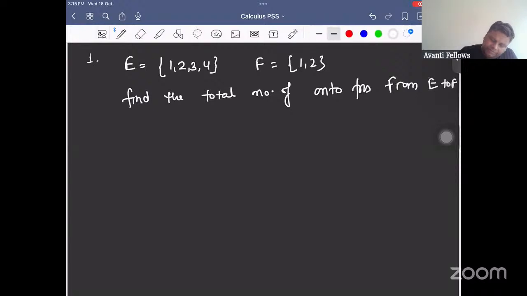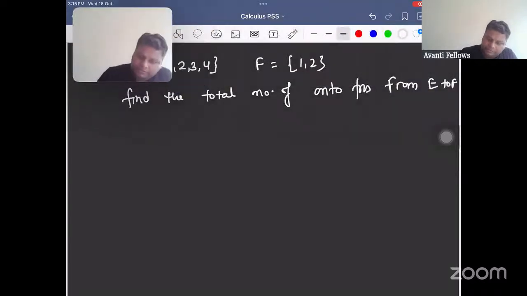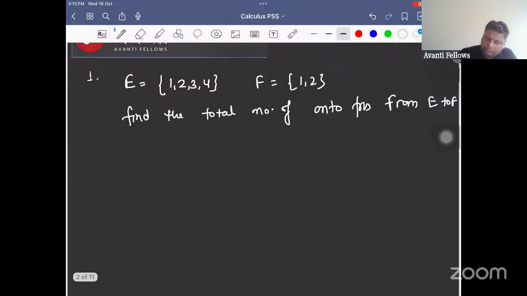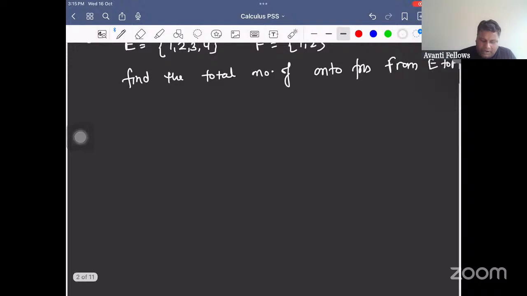Any idea for the number of onto functions? Now see, what are onto functions?